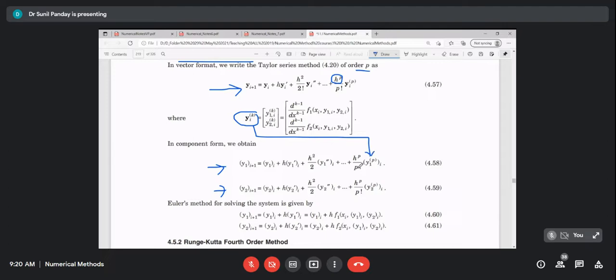You can see, if k equals p, it is this one, k equals 2, it is this one, k equals 1, it is this one, and similarly you can have the same for y2.